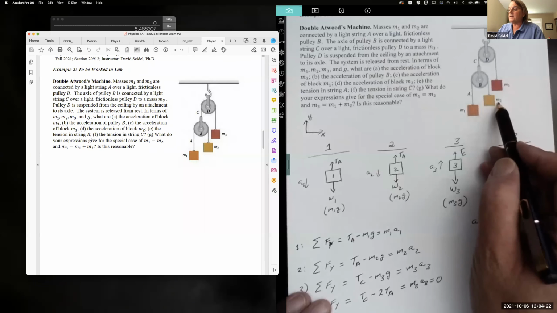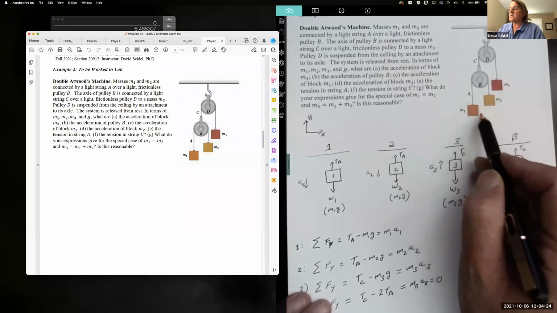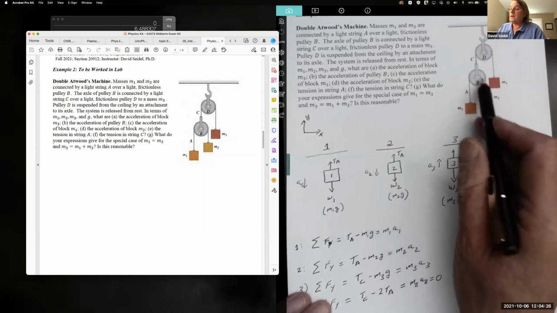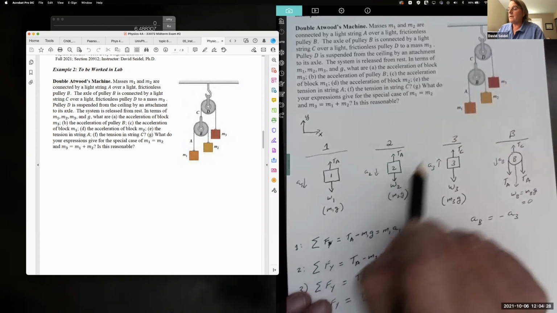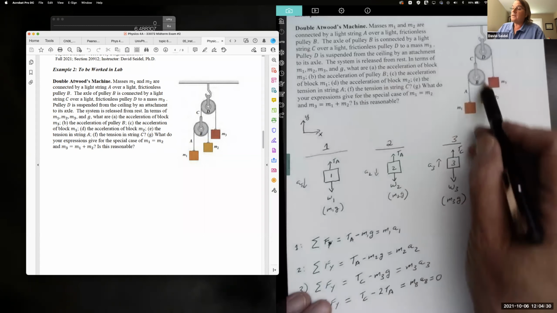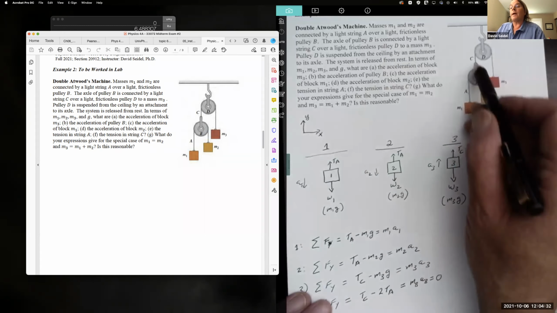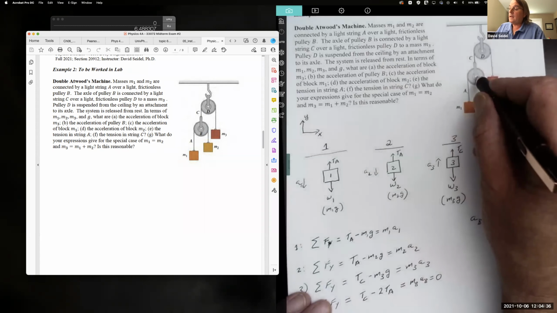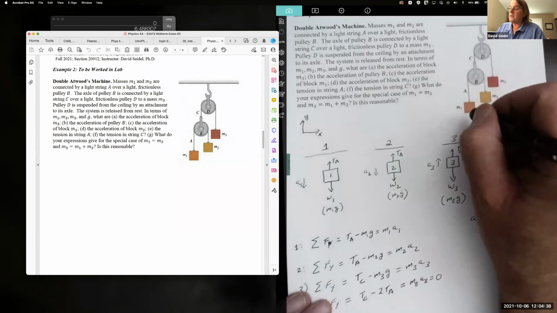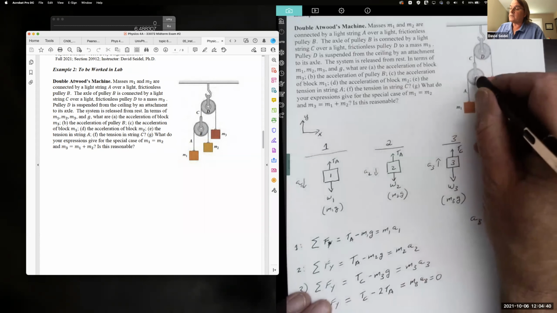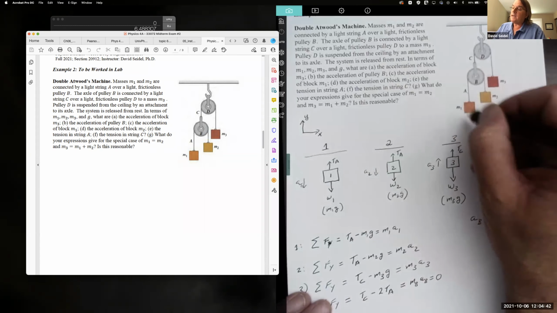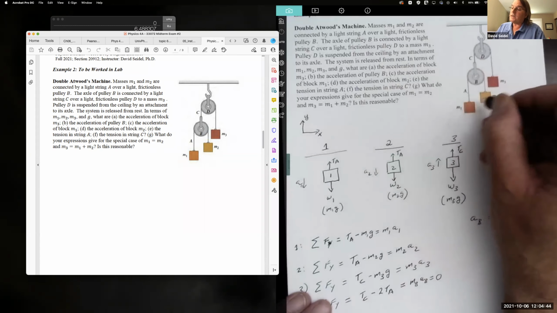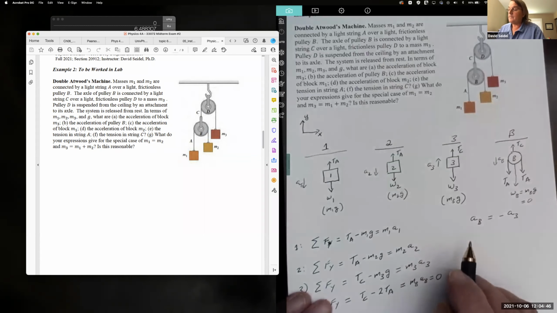So if I have this acceleration plus this acceleration divided by 2, it equals this acceleration, right? Then the acceleration of the pulley just equals the acceleration of this mass.